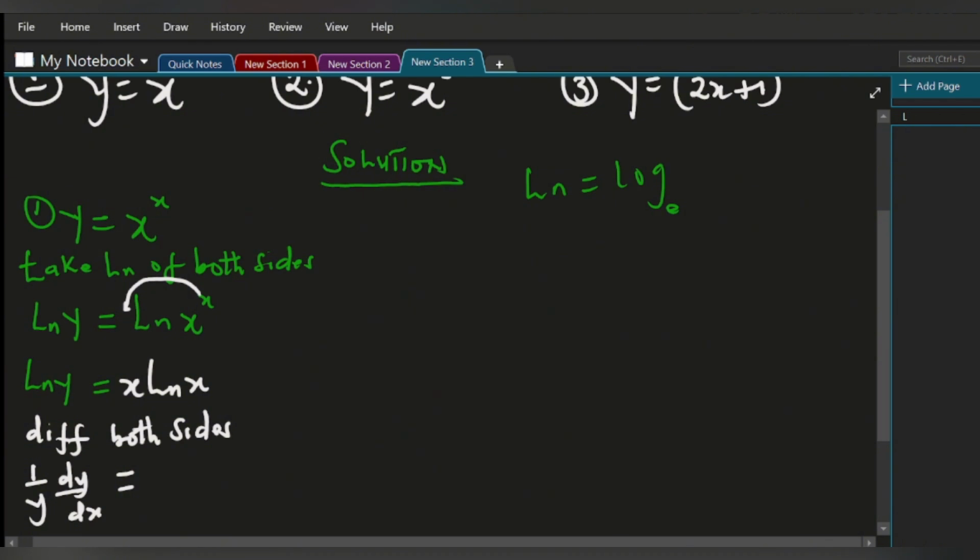Product rule states u dv plus v du. This becomes our u, x. Now, differentiate ln x, we're going to have 1 over x, plus v du. What's our v? ln x, times differentiating x here gives us 1.